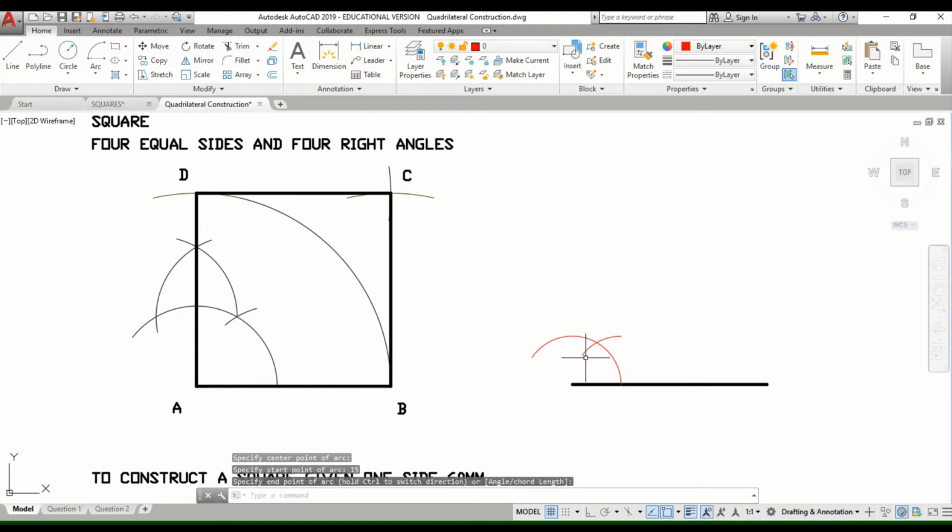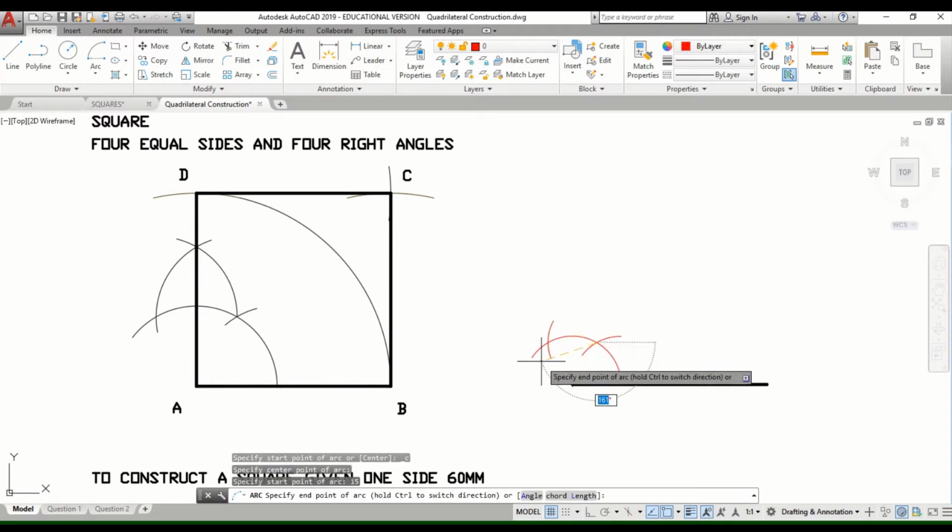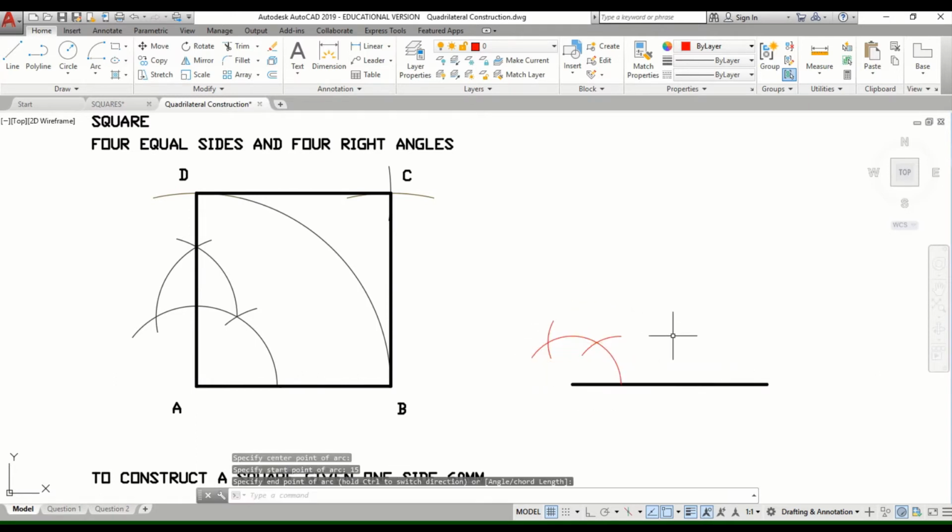Now, from angle construction, you will know that this first angle gives you 60 degrees, and if we repeat the construction, remember we are using 15 units every time. The second arc will give you 120 degrees and 90 degrees for the perpendicular.